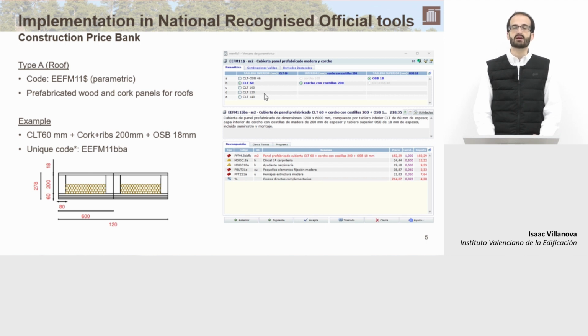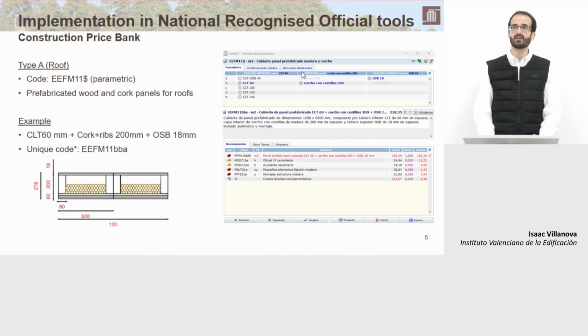If the price bank is installed in a local computer, you can use the price bank through a construction management program, and you can also make the selection in the VDC online.